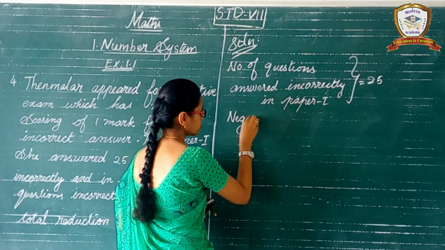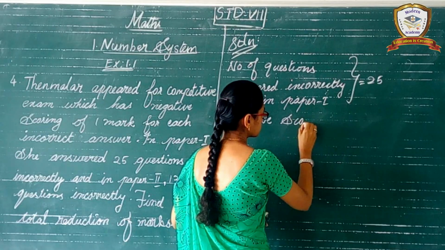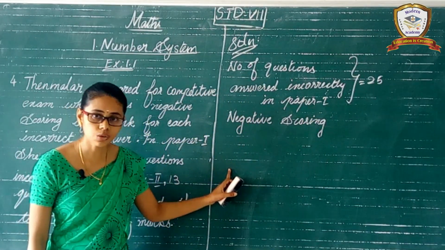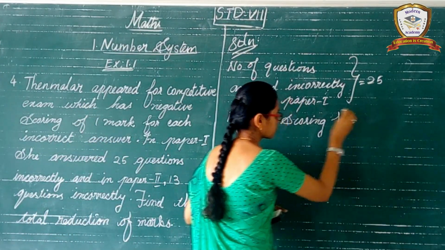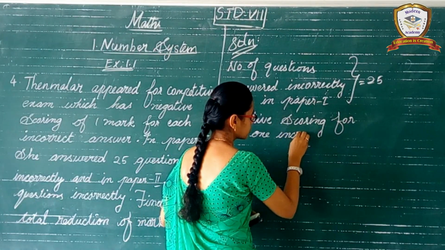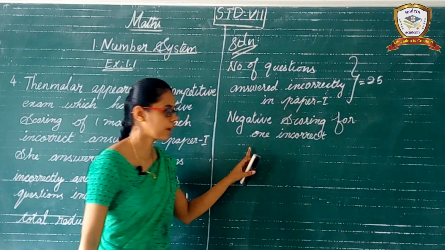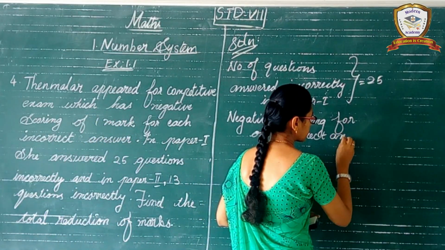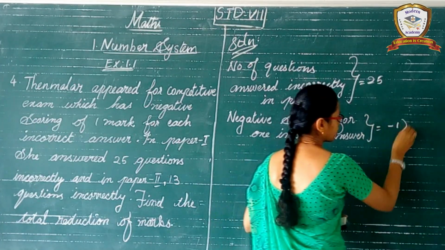So for 1 incorrect answer, minus 1 mark.